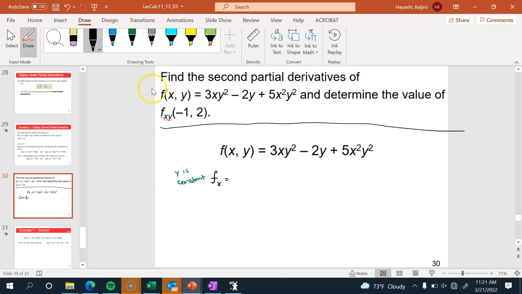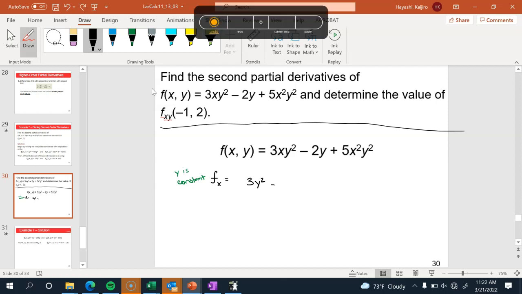That means for this first term, y squared is a constant, and so really we're just taking the derivative of x, which is 1. So that first term is going to end up as 3y squared. This middle term is going to be nothing, because y is constant, so I guess plus 0 if you wanted.